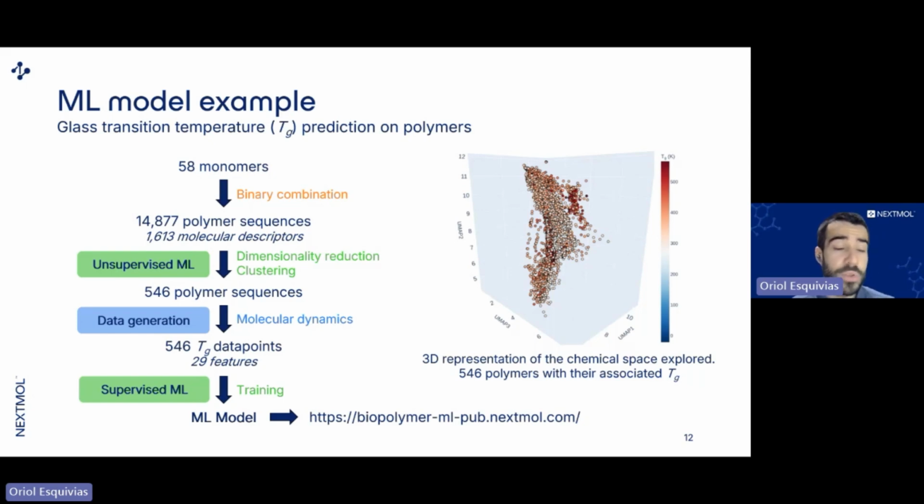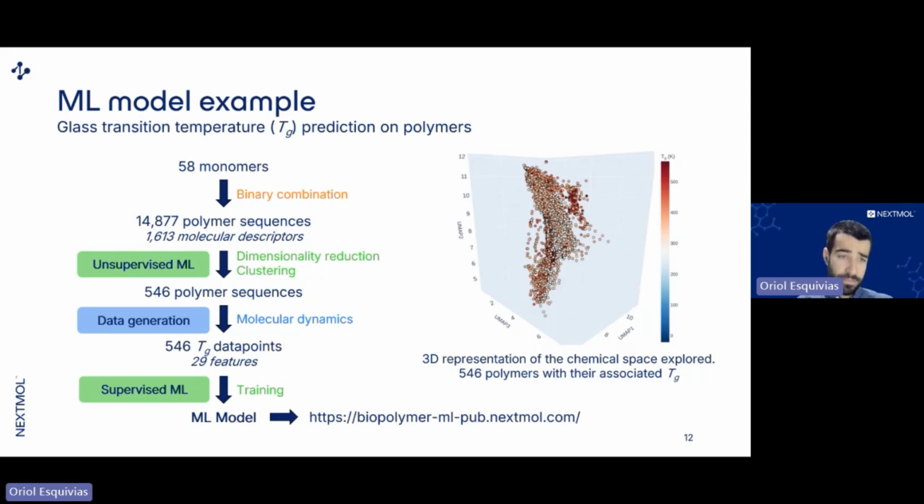In this project, what we first did is we took a pool of monomers, in this case 58 monomers, and we randomly combined them to obtain 40,000 polymer sequences. And each one of these polymers has associated 1,600 molecular descriptors, like molecular weight or other properties that are associated to that sequence.